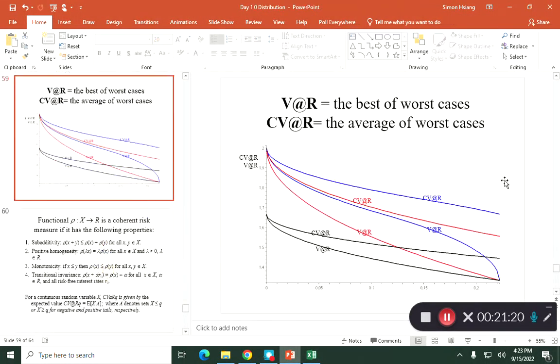Next. Okay, I don't care what your VAR shape is, what your CVAR shape is. Generally speaking, VAR and CVAR at a certain beta level should always monotonically increase or decrease in the same shape, okay? The black one and the red one.